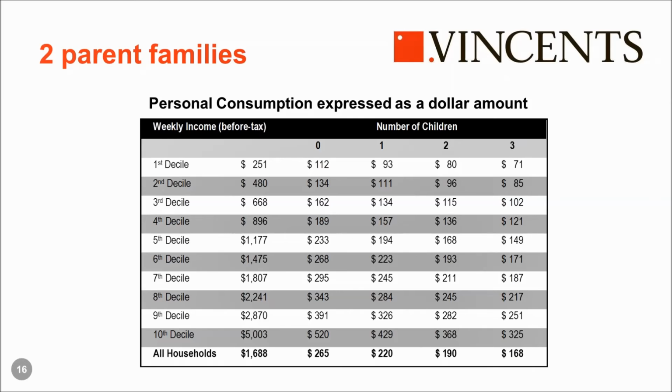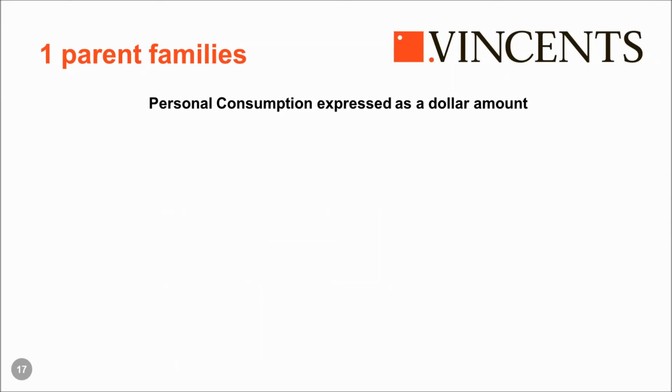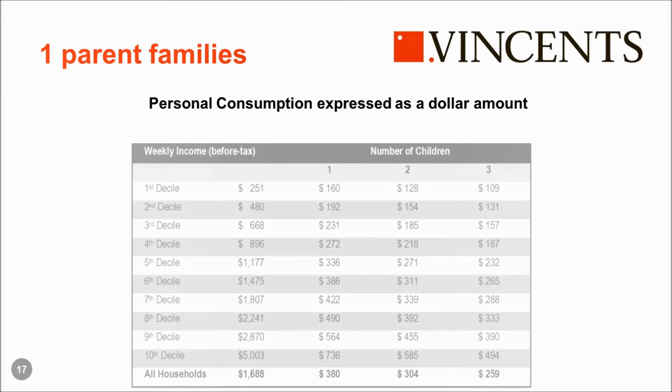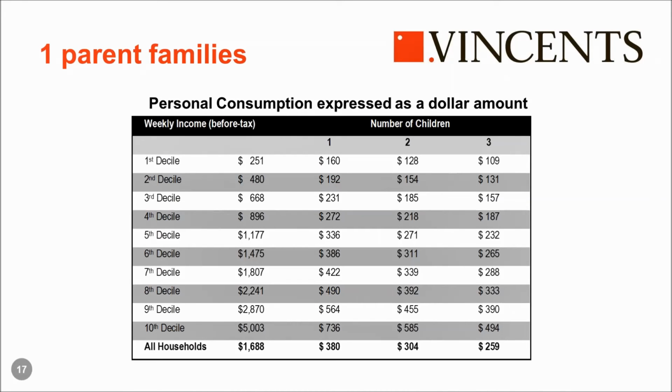So you can use this table as well to get a bit of an idea and say, look, it's between this and this, but after taking account of the following factors, we're going to adopt this particular number. And similarly, there are the other tables with regard to one-parent families.